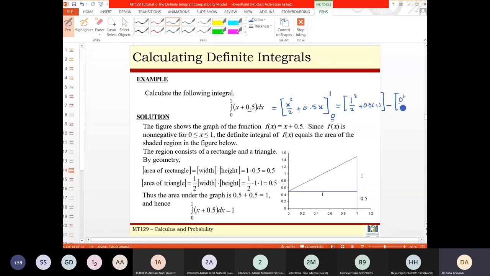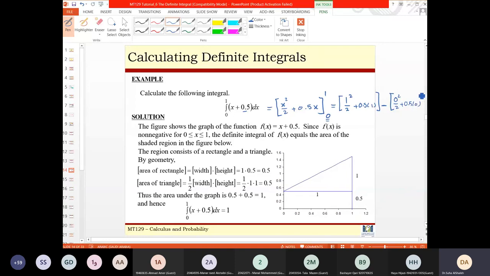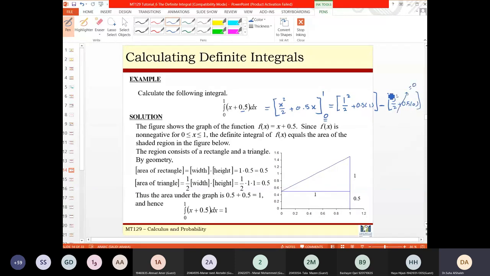This will be 0 squared over 2 plus half times zero. Of course, this part will go all with the 0. Sorry, it's 1 squared, not half squared, which is 1, over 2, plus the half, which is 1 over 2 again. So the integration result is equal to 1.